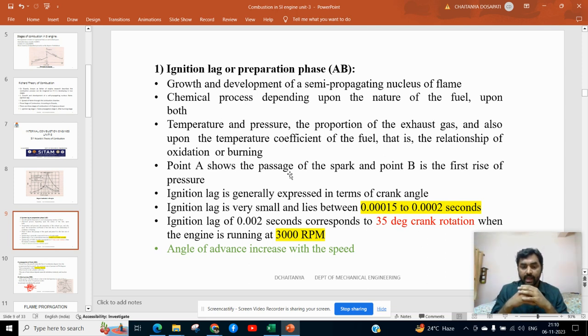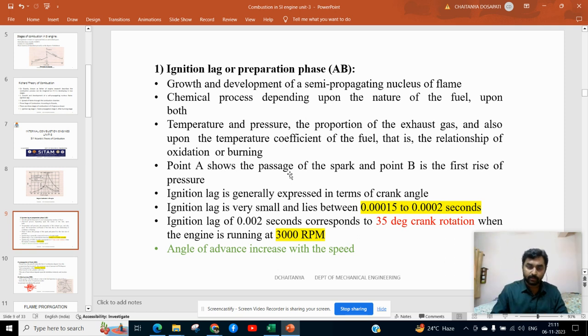The lag is generally observed at 35-degree crank rotation when the engine is rotating at 3000 rpm. The ignition lag will be 0.002 seconds. He said that in the preparatory phase, the phase that remains with respect to time, there is a growth and development of a nucleus of flame.